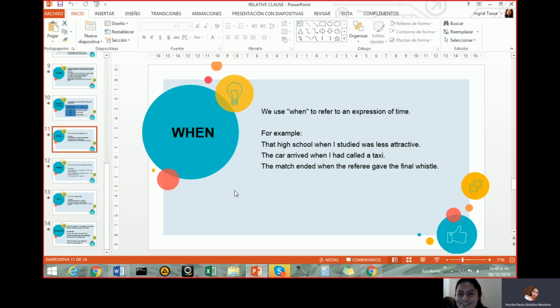Silbato, pitazo. El pitazo final. Exactly. In this case, we can apply "when" as an expression of time because we are explaining the time that the referee gave the final whistle. Okay. In this case, we apply "when" with an expression of time.